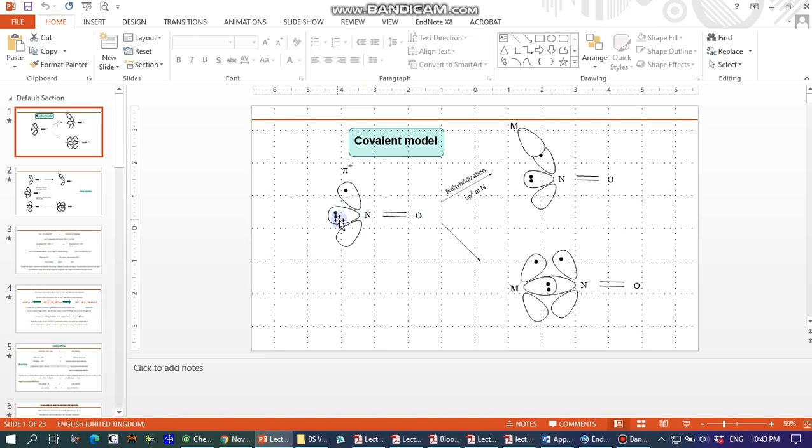This is the pair of electrons which was actually in sigma star of the molecular orbital diagram of nitrosyl. So this pair is now regarded as a lone pair, and the unpaired electron exists in a pi star orbital. Now you know where this electron is from in the molecular orbital diagram.